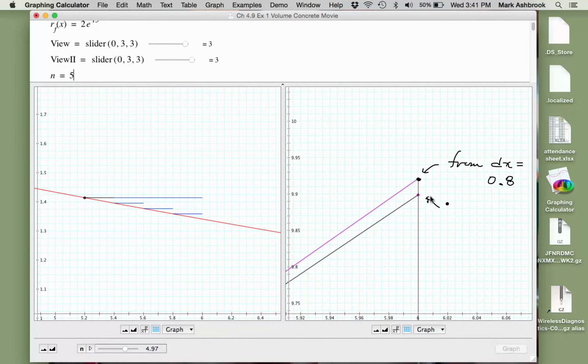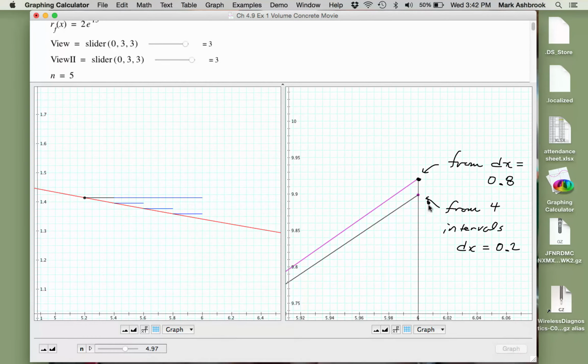And this is from 4 intervals, dx is 0.2. And with the more intervals, these constant rates are now doing a better job reproducing the actual rate function, so that will be a better estimate of f of 6 than that will be. F of 6 being the true amount of concrete poured at 6 seconds.